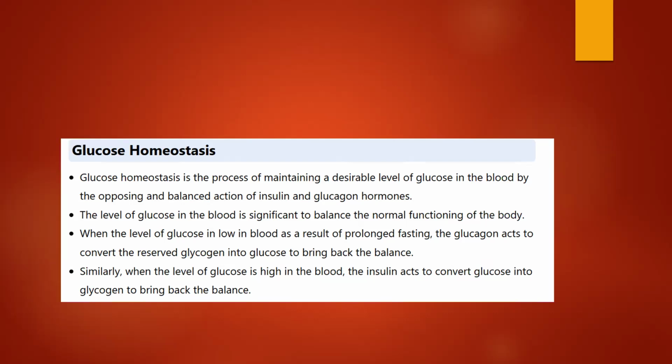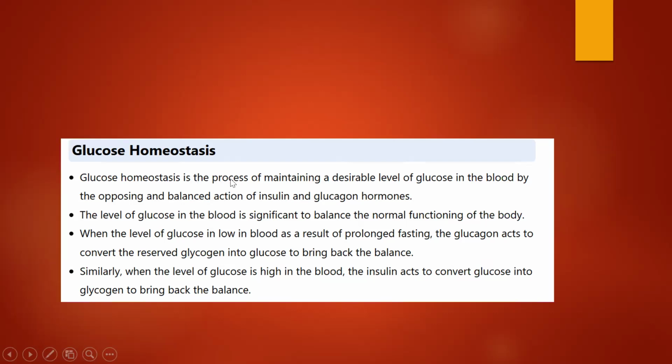So when something goes wrong in our body and values such as temperature or glucose concentration start increasing, negative feedback comes in. Due to negative feedback there is a loop which reverses the scenario. Here is the glucose homeostasis mechanism.